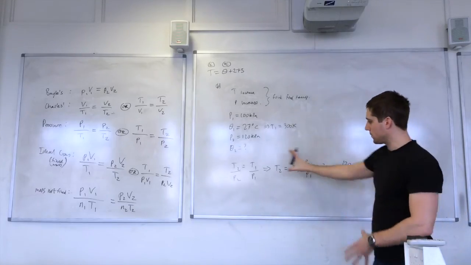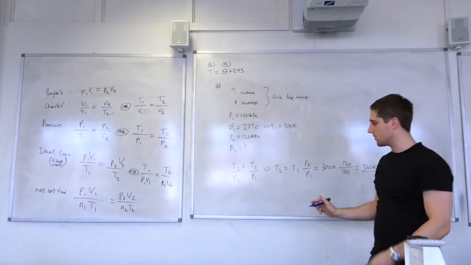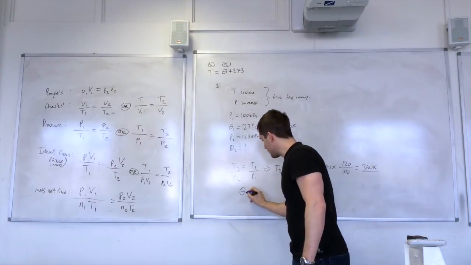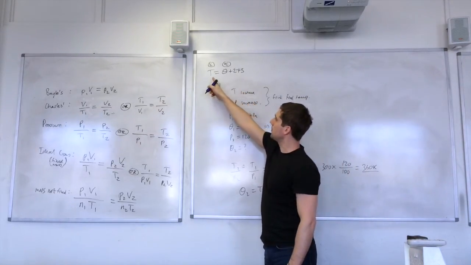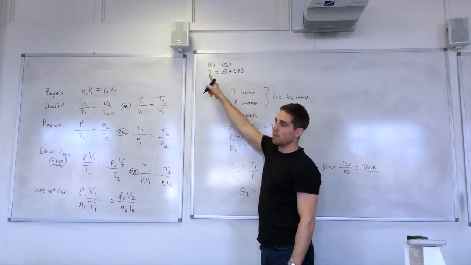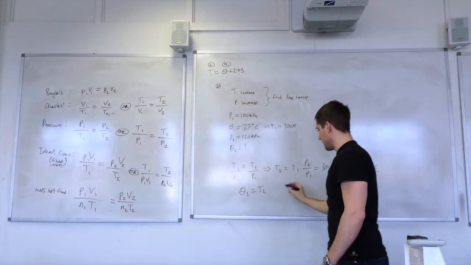So we've used the gas law, we've come up with an answer, but we need to do a conversion now back to degrees C. So theta 2 is equal to T2. Now here we're going not from degrees C to Kelvin, we're going from Kelvin to degrees C. So we need to minus 273.